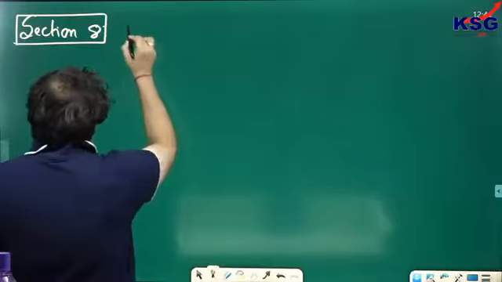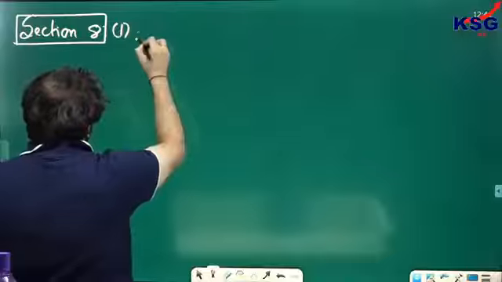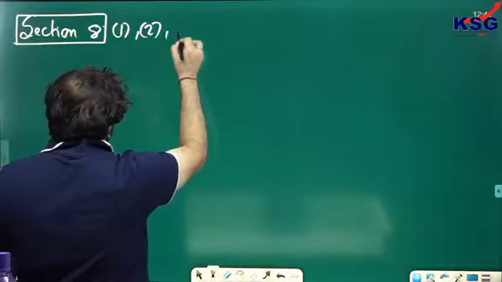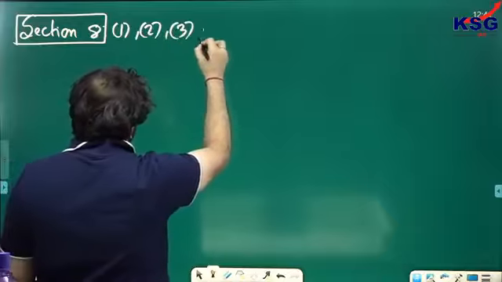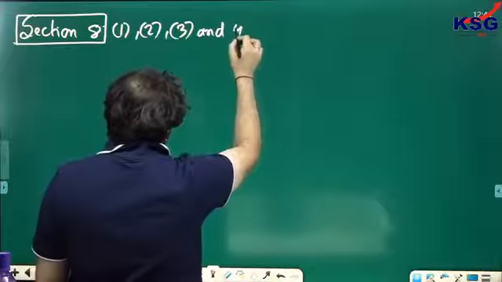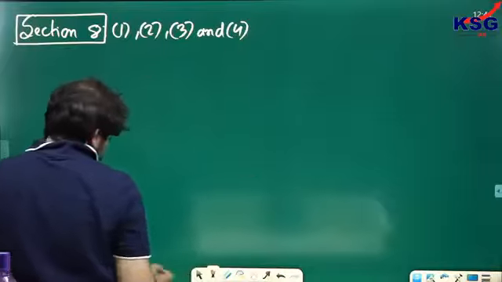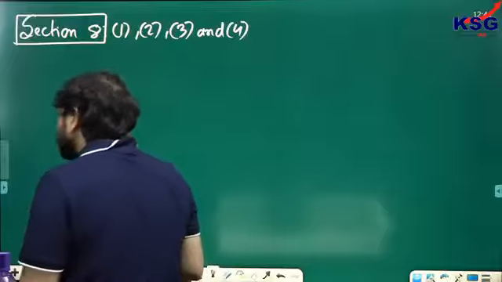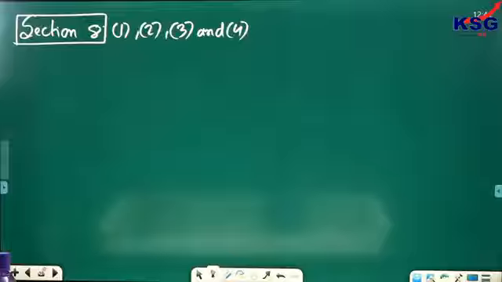You have section 8 subsection 1, subsection 2, subsection 3, and subsection 4. Okay, this is how section 8 is divided into different subcategories.